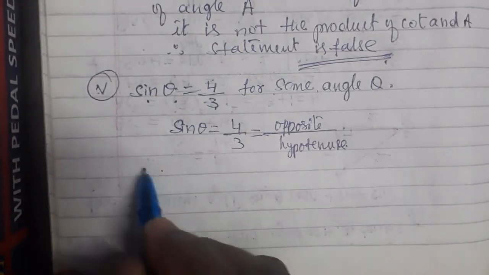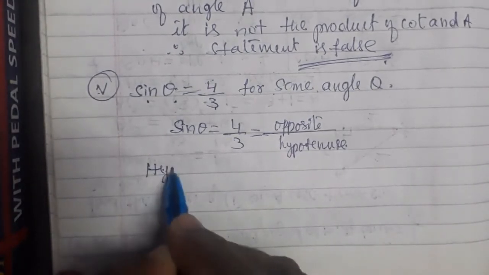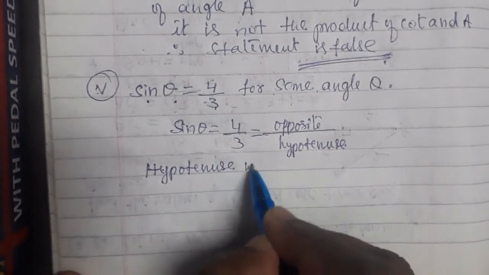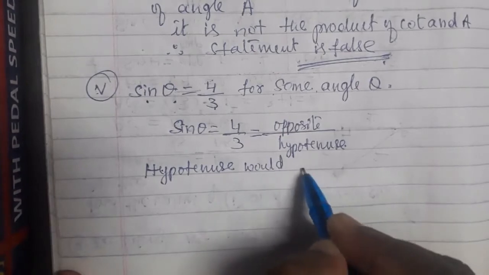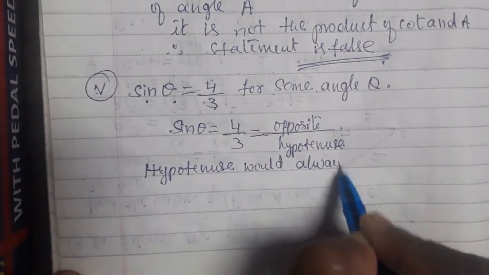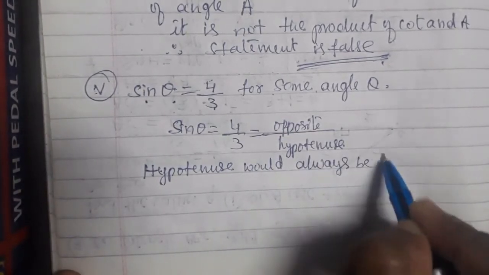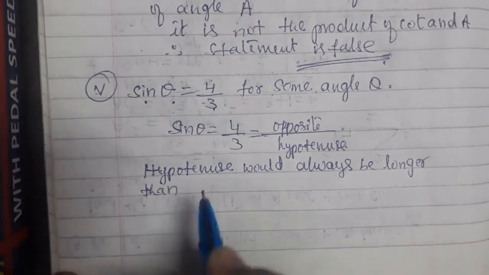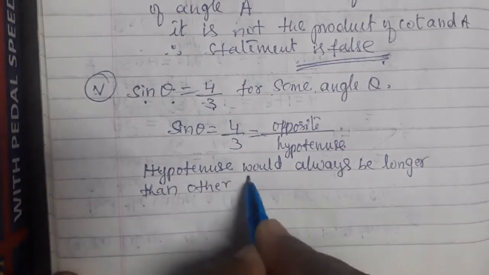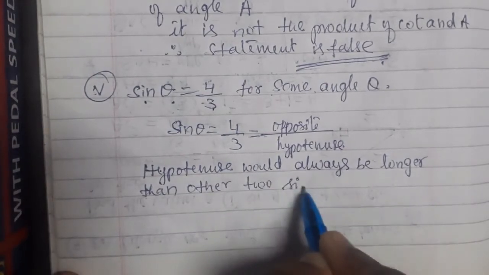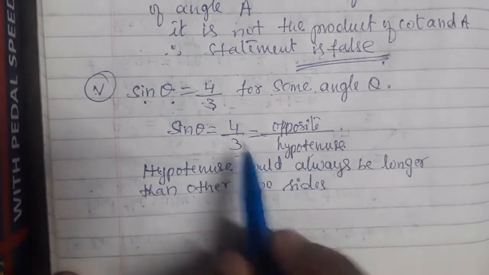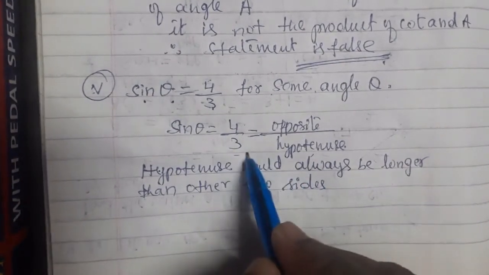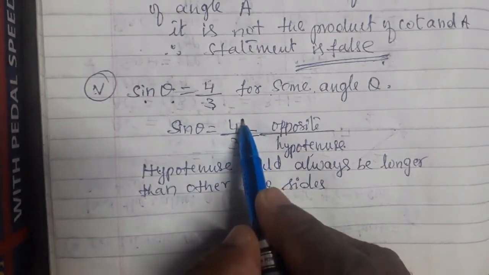So here we know that hypotenuse would always be longer than the other two sides. But here you can notice hypotenuse is lesser than opposite.